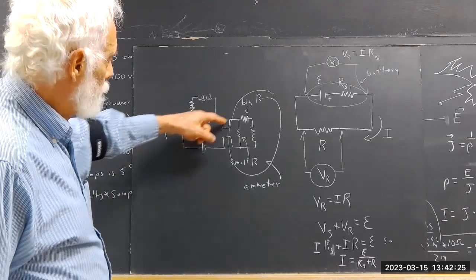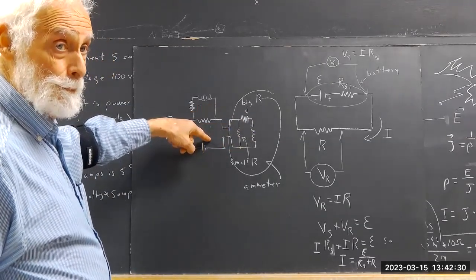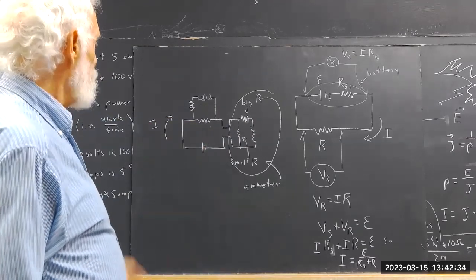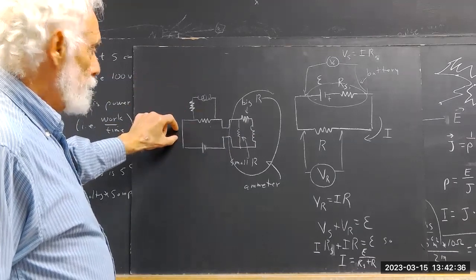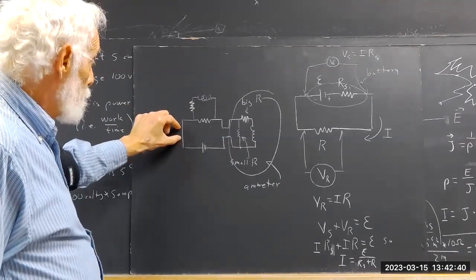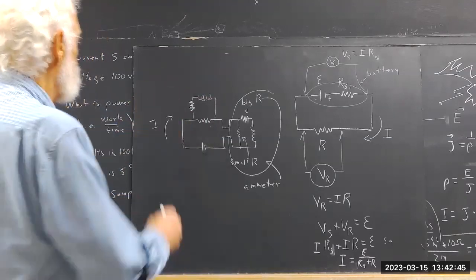The ammeter has to interrupt the current. What happens if you put this voltmeter in series with the current? You break the current here and run through this, which is a big resistance.